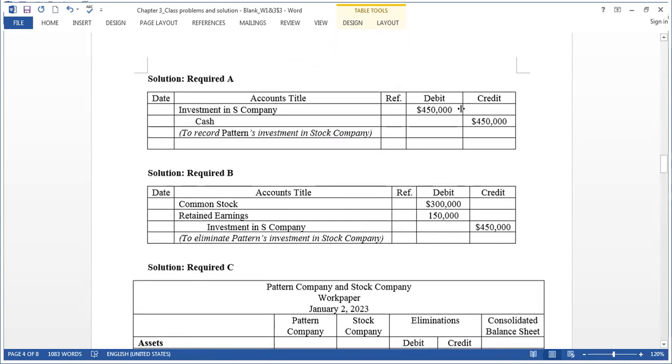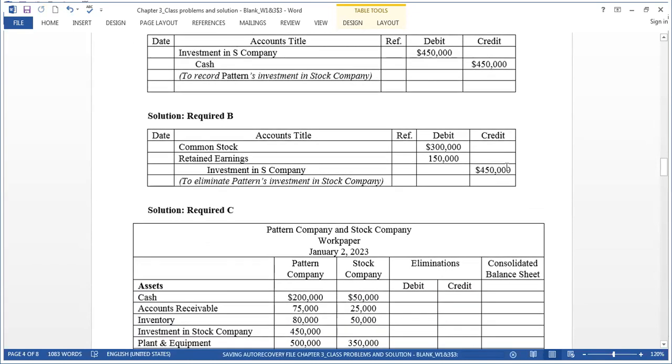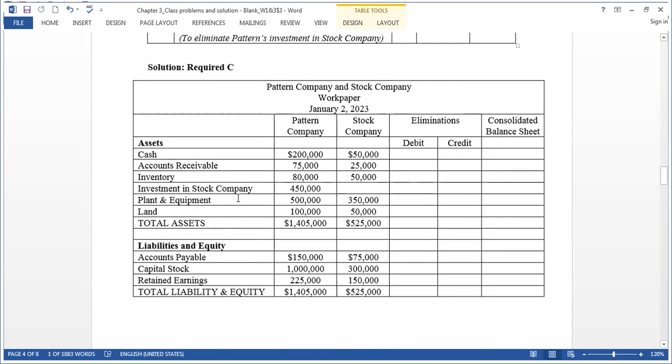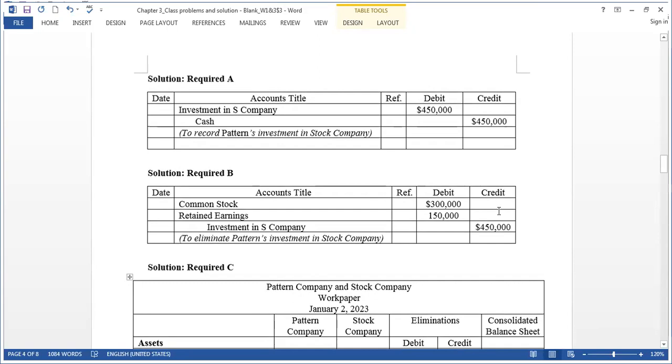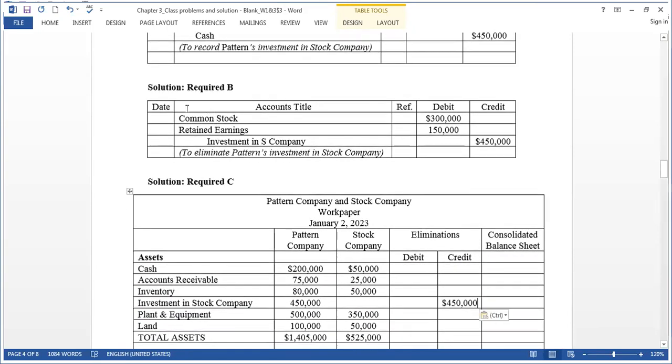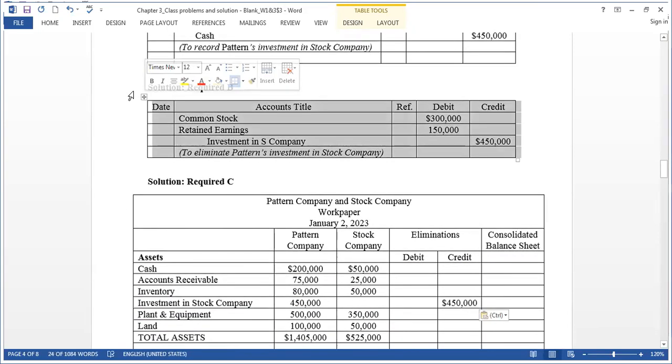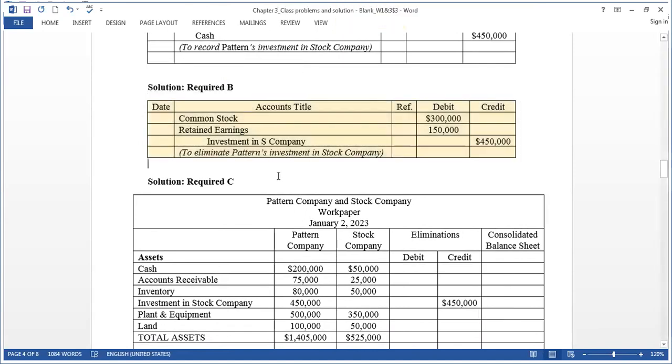Now we have to do some elimination first. So these are the closing entries. Look at here, investment in subsidiary company to close, make it credit. This came from the journal. Look at here, in the journal, this is the elimination part. So we find that 2 accounts debit, 1 account credit, right?